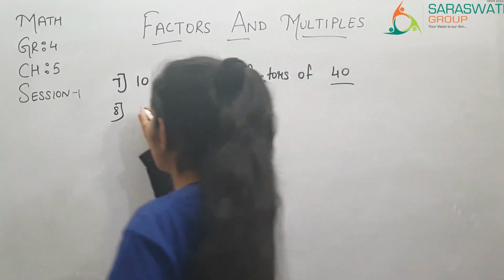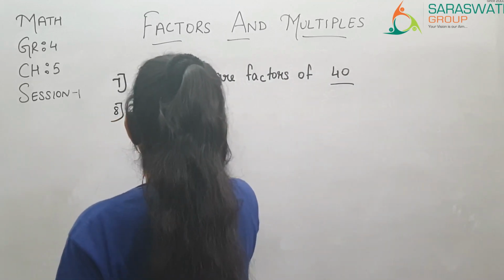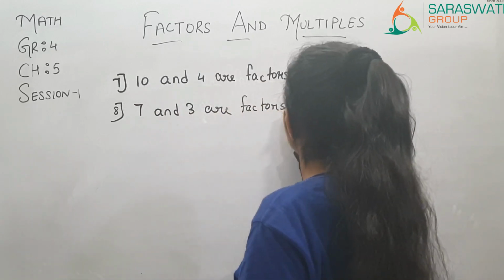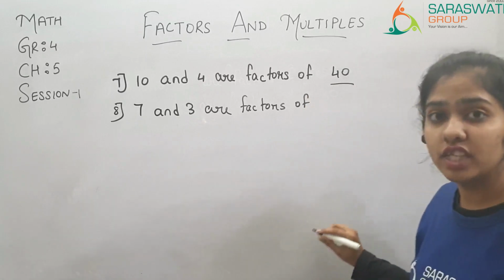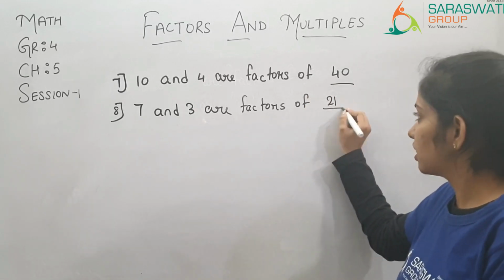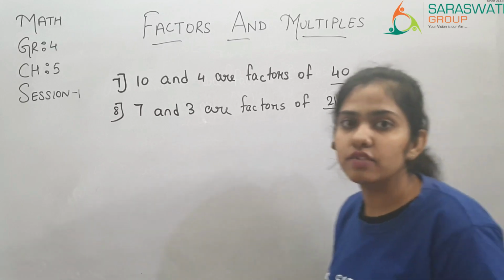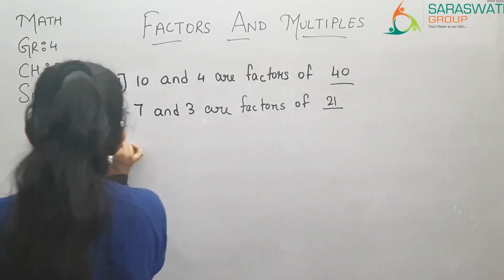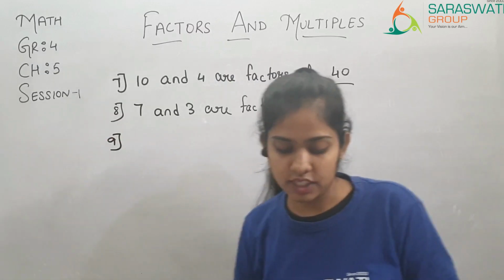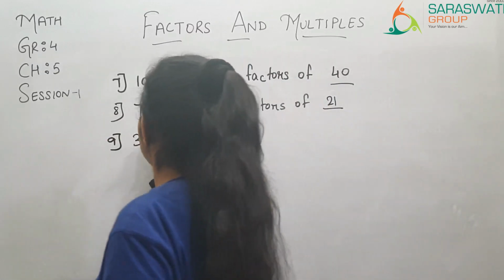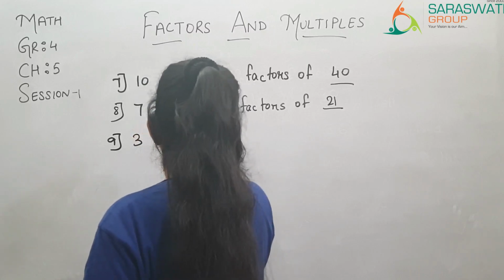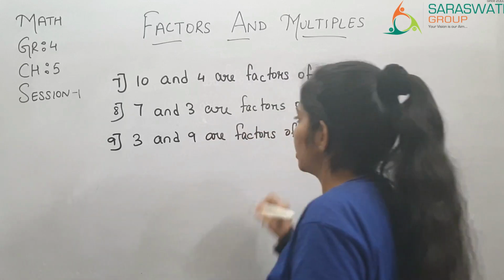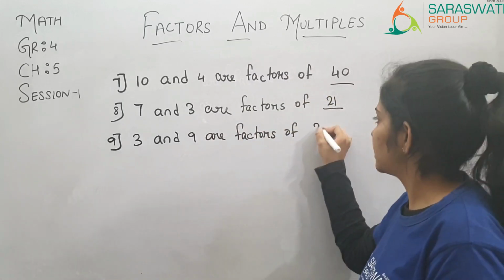Then 7 and 3 are factors of 7 threes are 21. So 7 and 3 are the factors of 21. Now ninth is 3 and 9. 3 and 9 are factors of 3 nines are 27.